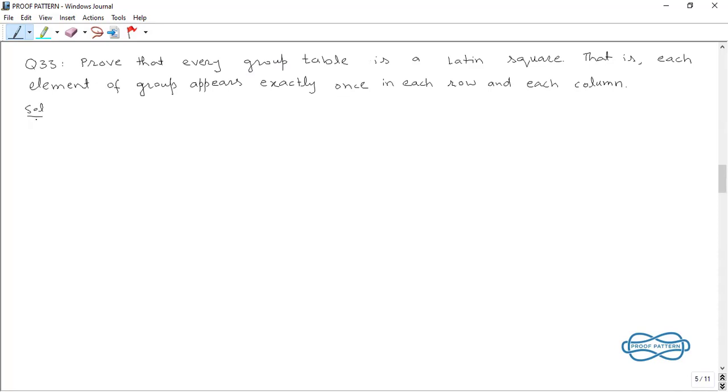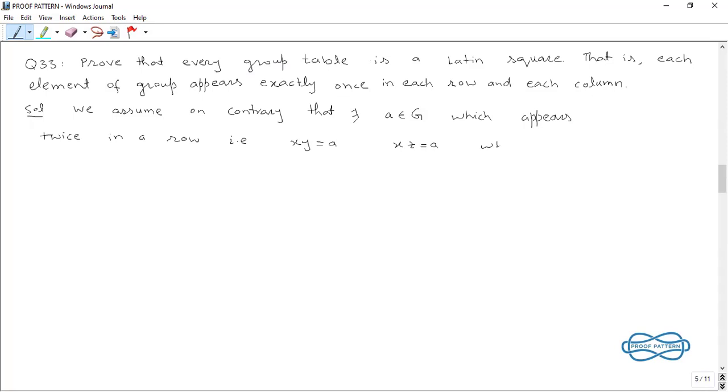So the solution is, we assume on the contrary that there exists A belongs to G which appears twice in a row, that is xy is equal to A and xz is equal to A, where x, y and z belong to G and y is not equal to z.